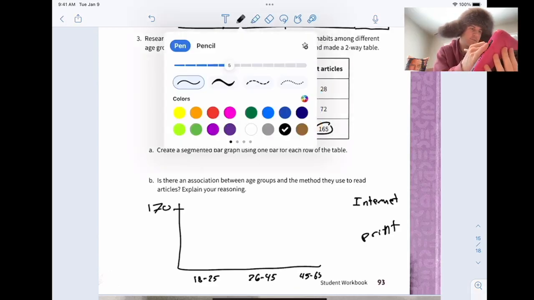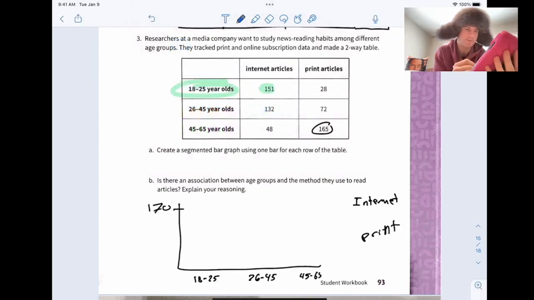If you made, let's say you made print blue, and let's make internet this highlighter green, okay? So I'll do one of these bars for y'all just to show you what I mean, okay? So let's do 18 to 25 years old, all right? We've got 28 for print articles, right?